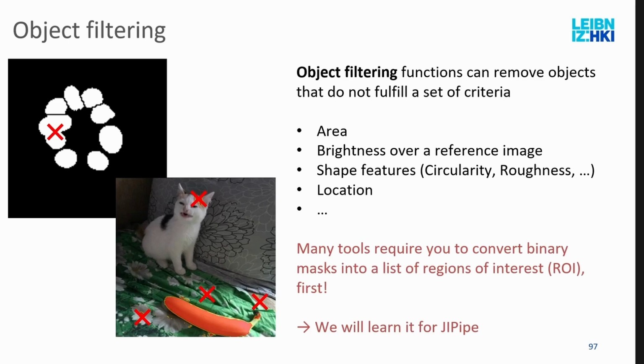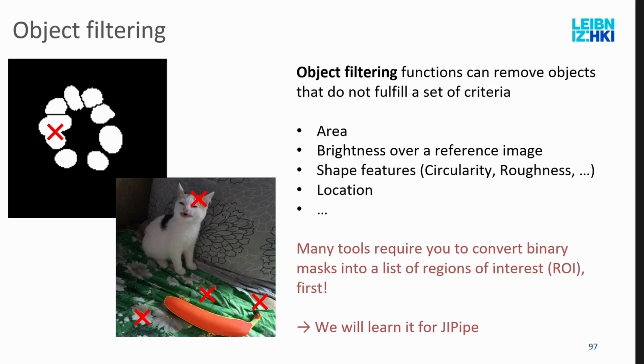You can use area, or brightness features based on some reference image, or shape features, etc. There are so many options to filter out objects that you do not want. For example, if you know the size range of these cells, these are fungal spores, and this cluster here is way above the realistic size, then you can filter it out because it's probably a cluster that you do not want.